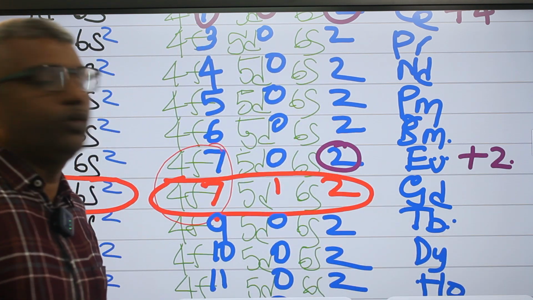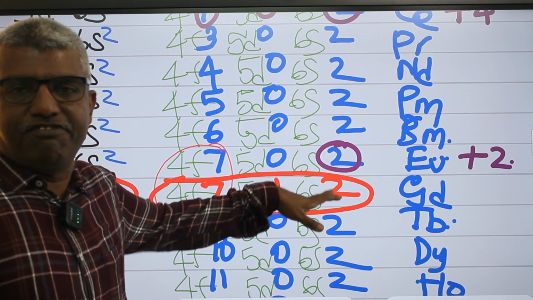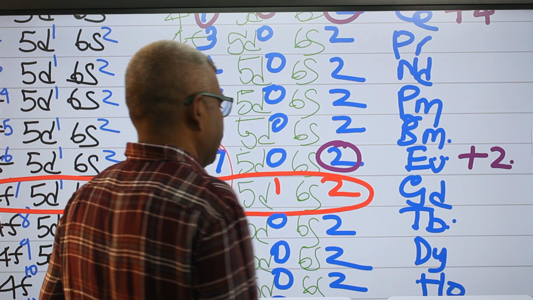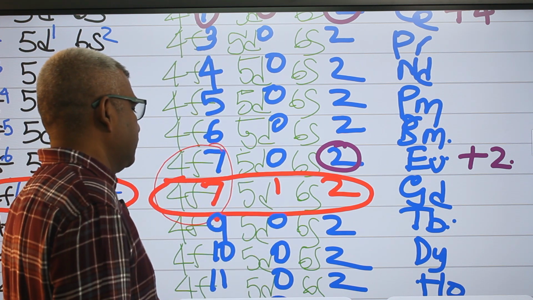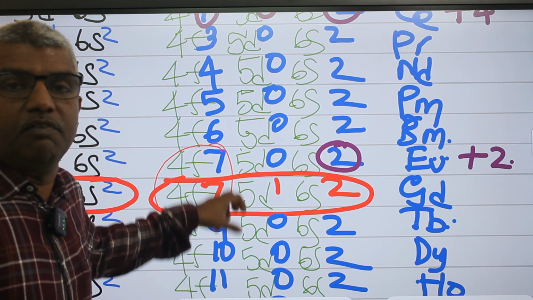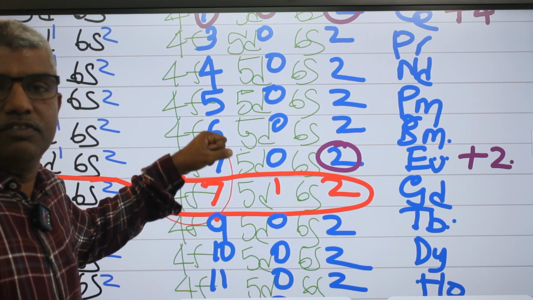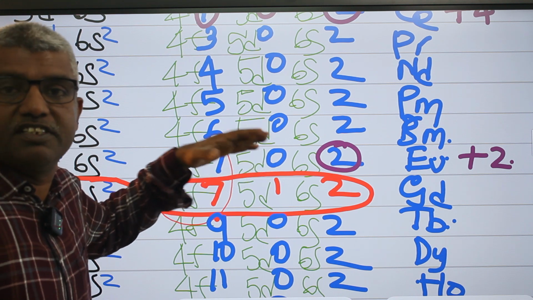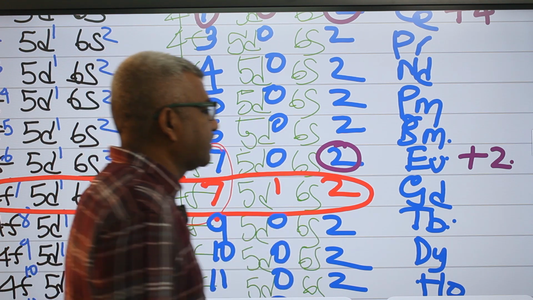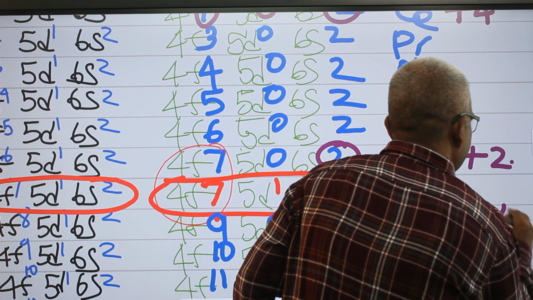If you take 2 electrons out, it will be half filled. It is a stable one. Gadolinium is +3 only. Terbium, 4f9 is there. From 9 you take 2, so it is 4f7. 4f7 is half filled. Half filled is stable. So, with 6s2, it will exhibit +4.